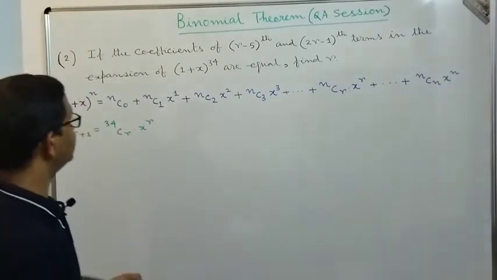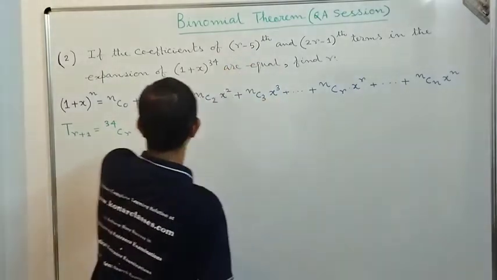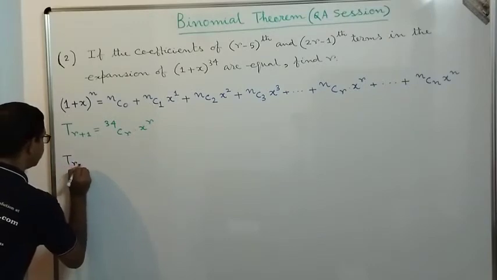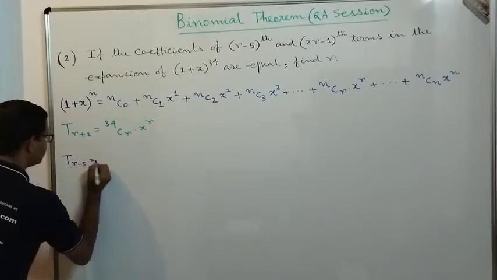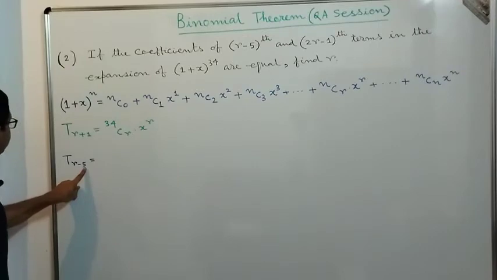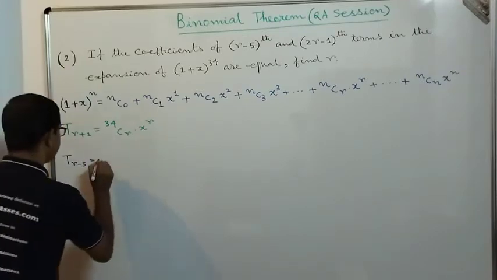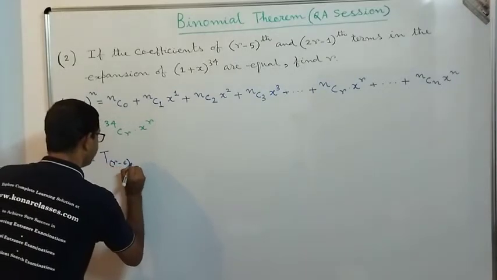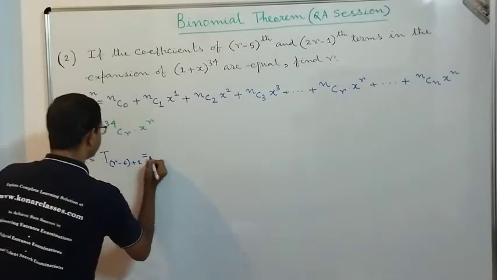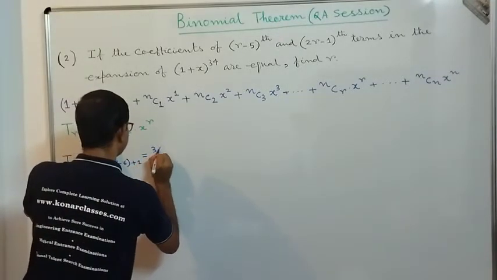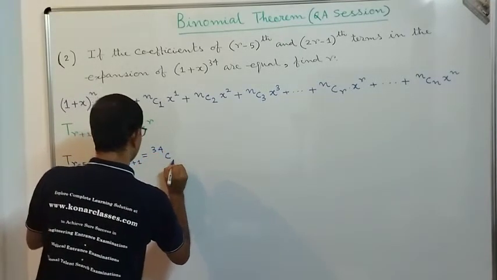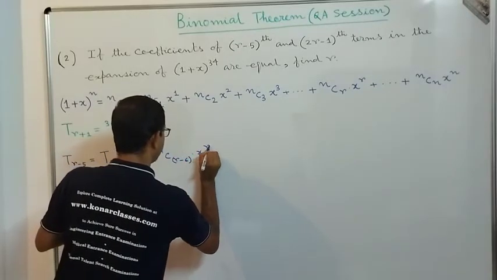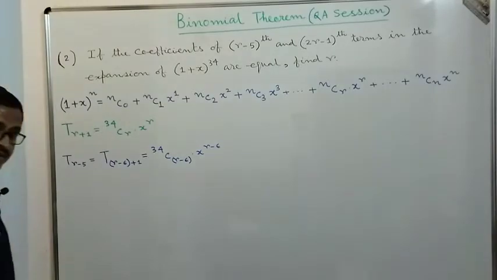Now according to the question, we need to find the r minus 5th term, that means T(r minus 5). Dear students, we need to express this r minus 5 in the form of something plus 1, so we can write T(r minus 6 plus 1), which is equal to 34C(r minus 6) into x to the power r minus 6, correct?